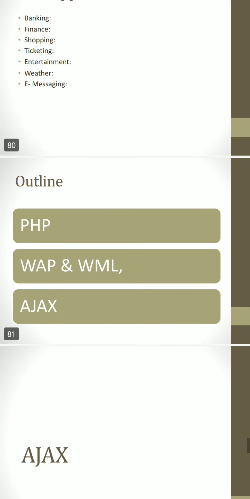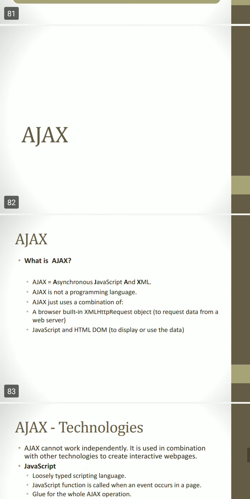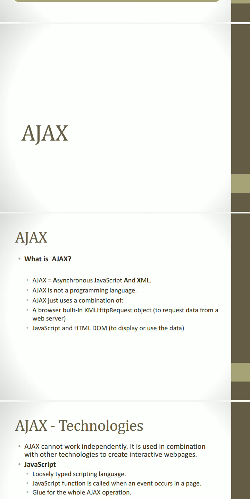Next part is AJAX. This is the last part in this unit. What do you mean by AJAX? It is nothing but Asynchronous JavaScript and XML. It is not a programming language and it just uses a combination of two: a browser built-in XMLHttpRequest object, and second, JavaScript and HTML DOM.